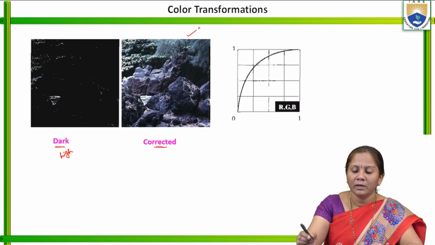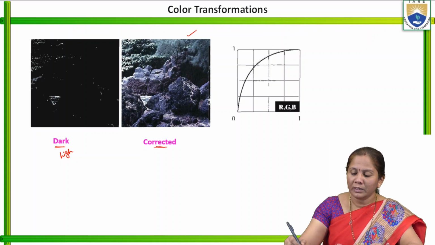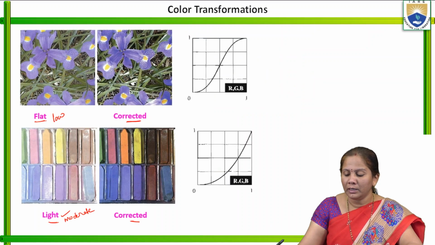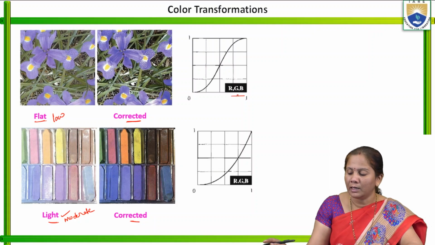So in this, we can clearly see the information that is present in the image. So this is the reason why we go for tone and color correction. And the transformation for related images are shown. And the transformation what we have applied, the color model, is RGB.